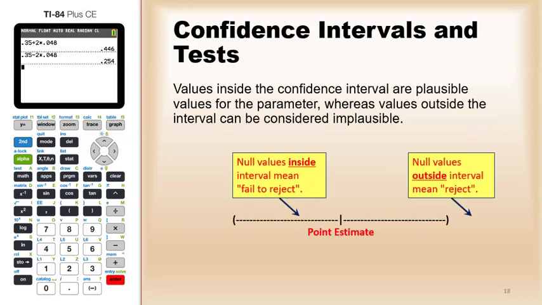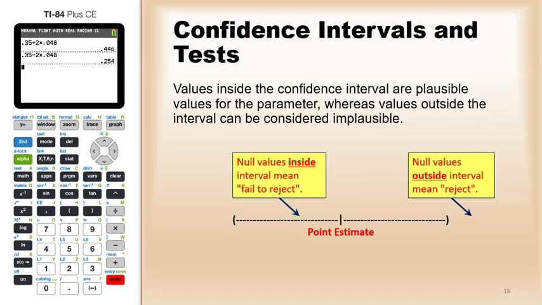So essentially, confidence intervals are ranges of plausible values. Any value inside the interval is considered to be plausible, whereas values that are outside the interval are considered to be not plausible.